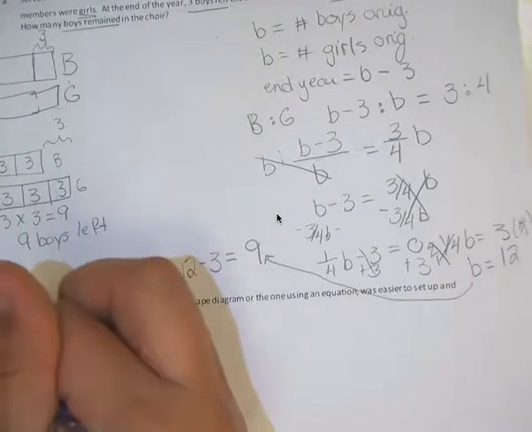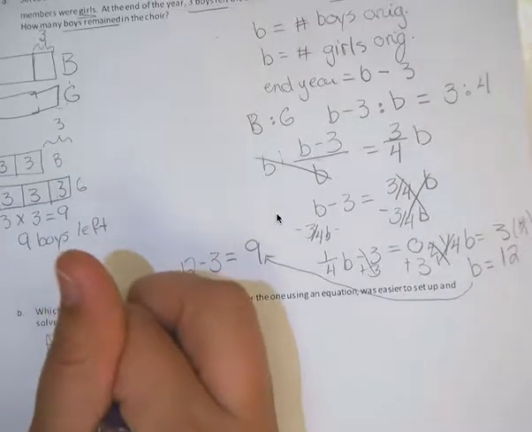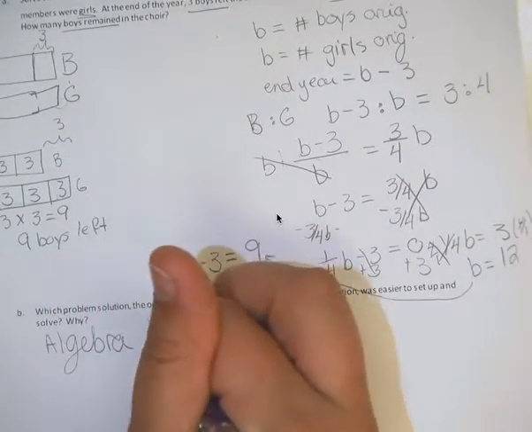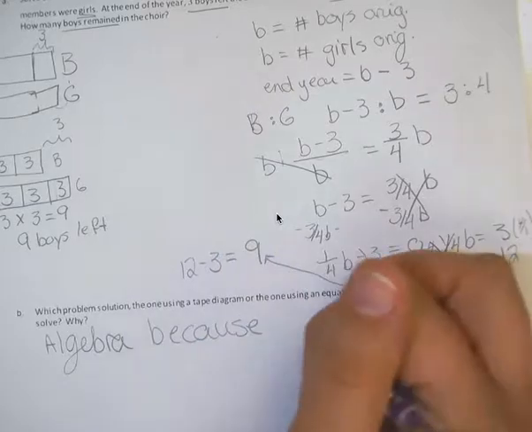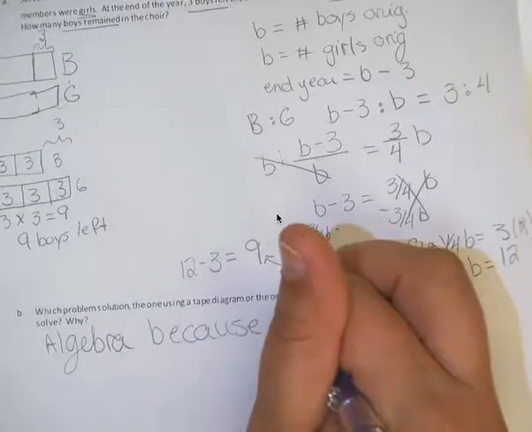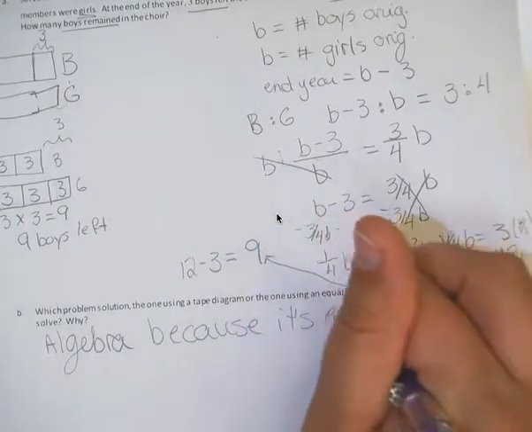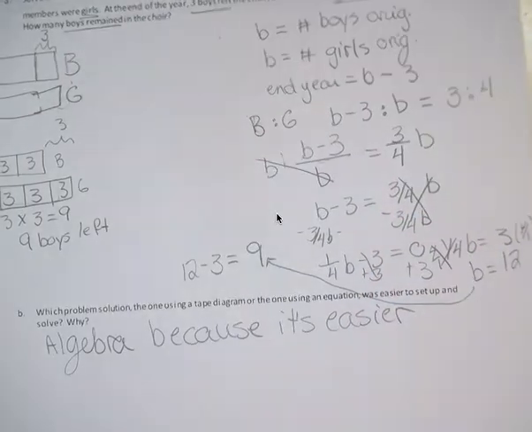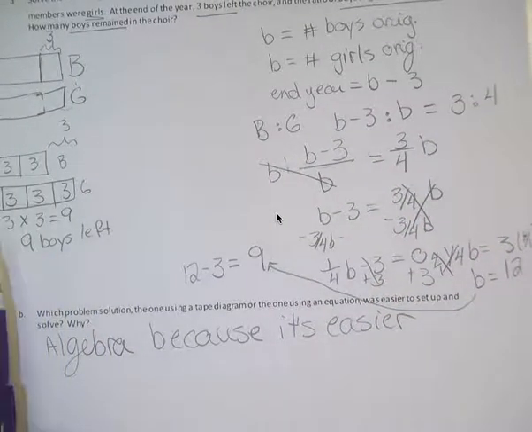For me, I prefer the algebra because it's easier for me to manipulate it. And for me, that was the way I learned it. When I learned it, I didn't have tape diagrams. Tape diagrams are really great.